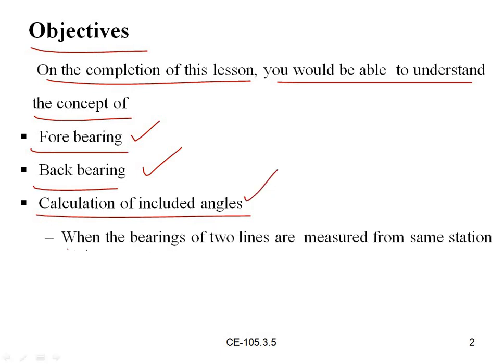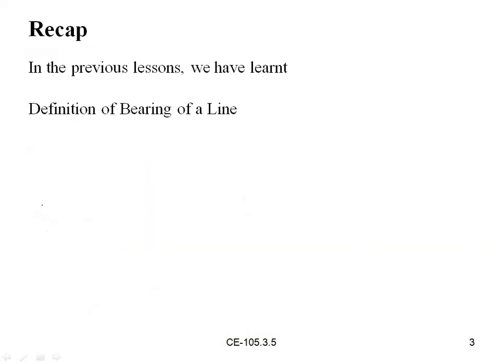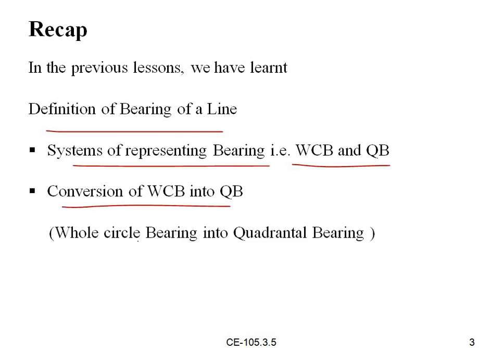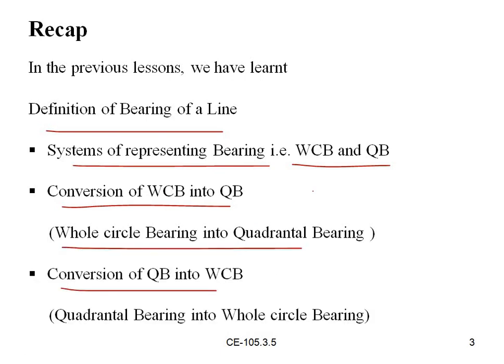So here, the bearings of two lines are measured from the same station, and the bearings of two lines are measured from different stations. We have seen the definition of bearing of a line, systems of representing bearing, whole circle bearing and quadrantal bearing, conversion of whole circle bearing into quadrantal bearing, and conversion of quadrantal bearing into whole circle bearing.